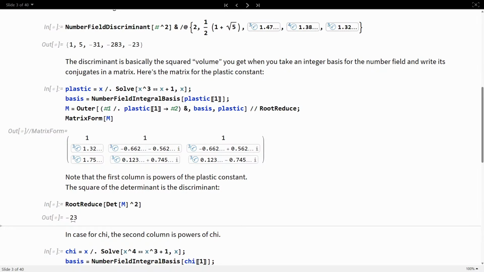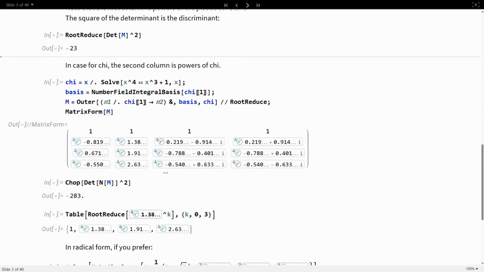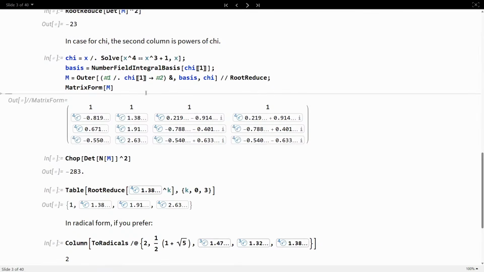So when working with these values and you've got a geometry of points and lines, to know what space it's in, you basically just need to look at one length of something, and if that length is a strange number, say a third root or a sixth root or something, you can usually find out what it is just by taking its discriminant. So here's the case for chi.